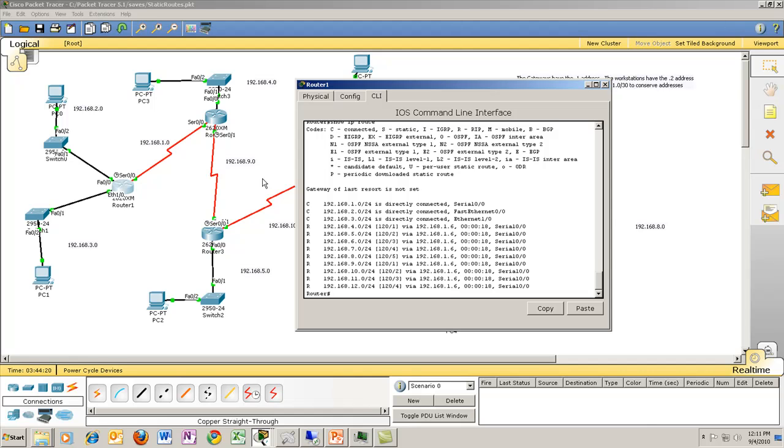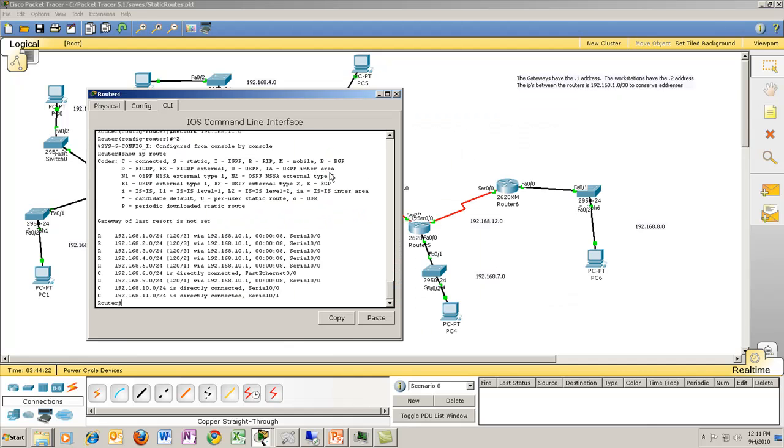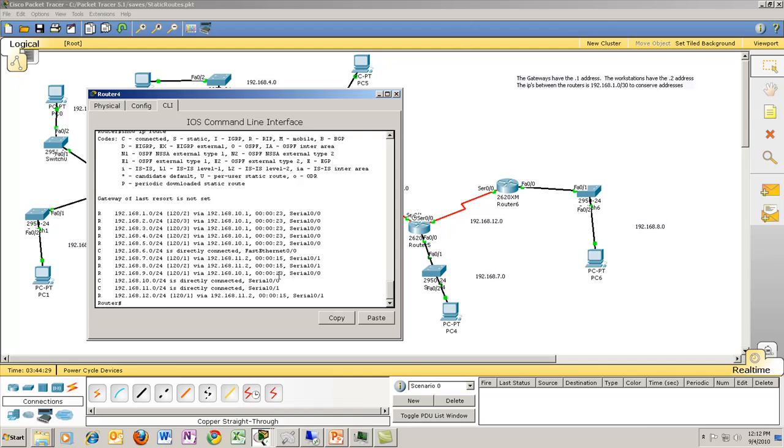Let's look at one of these in the middle. Let's look at router 4. If we do a show IP route, then we have RIP routes that go to 1, 2, 3, 4, 5, all go out serial 00, and we have 6 directly connected, and then 7, 8, and 9 all go out serial 01.